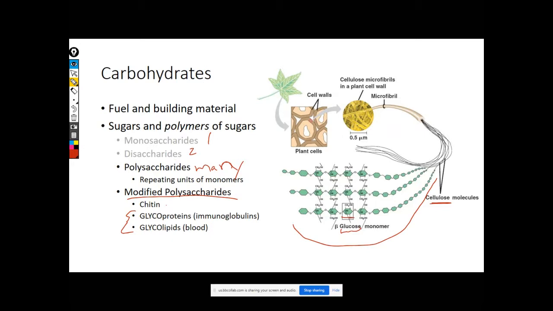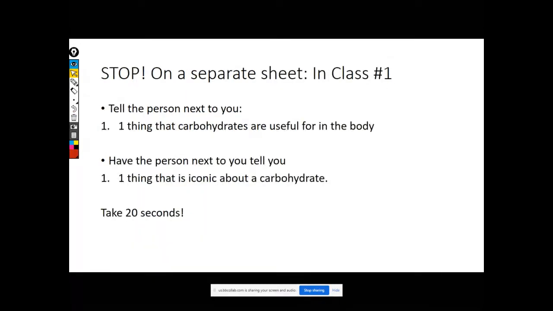Okay, I think that finishes up carbohydrates. So any questions about the carb stuff that we've talked about up to this point? Awesome. So here's what I want you to do.